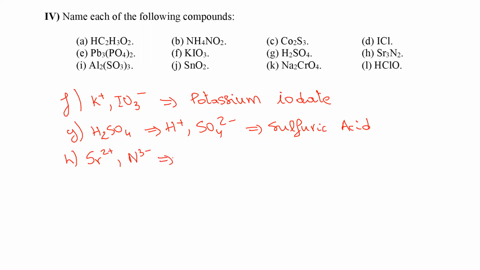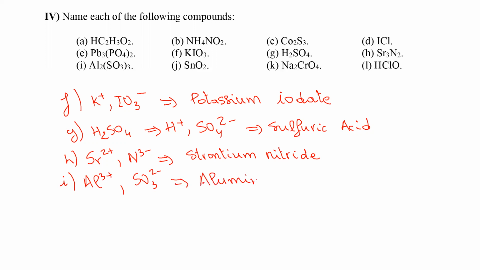We know that strontium has only one possible oxidation state, so it's going to be strontium nitrite. Now I is based on aluminum 3 plus, a metal, and a polyatomic anion, SO3 2 minus, which is sulfite. Excellent. So it's going to be aluminum sulfite.